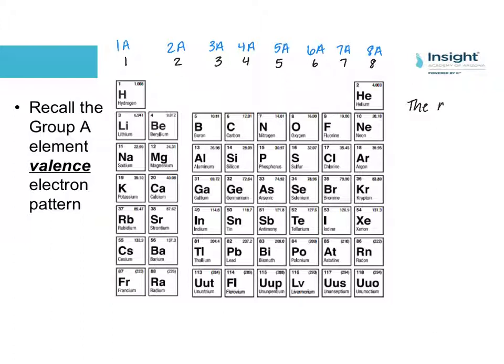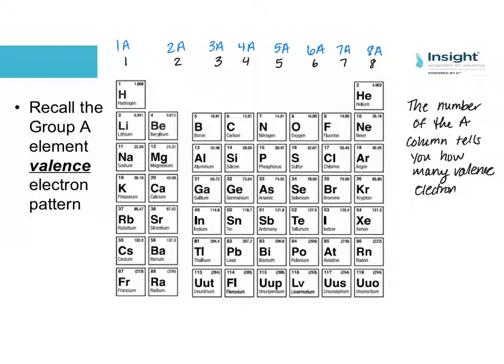The number of the A column tells you how many valence electrons. Whereas the ion pattern comes from what you do with the valence electrons when you're trying to form ions.